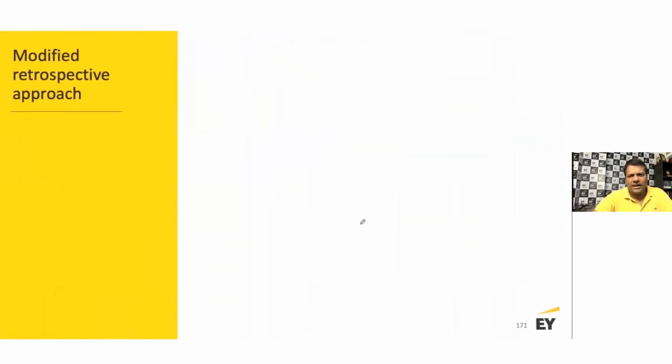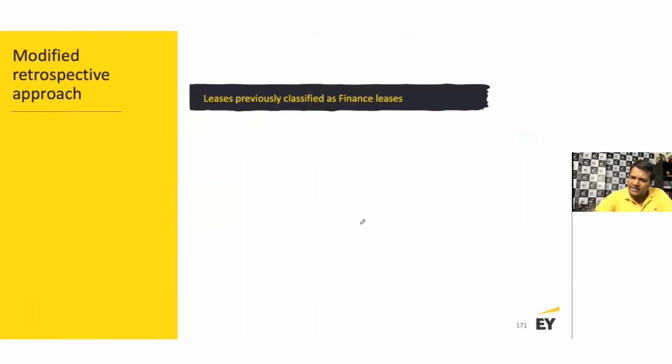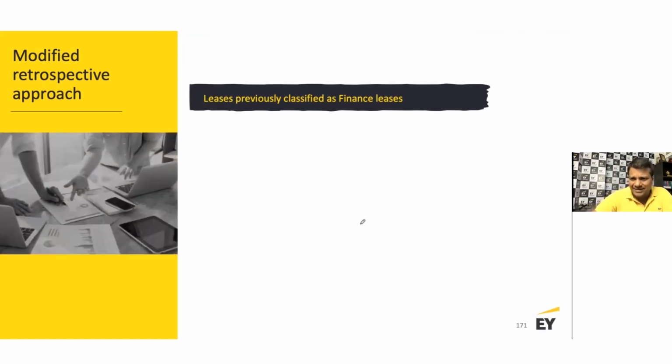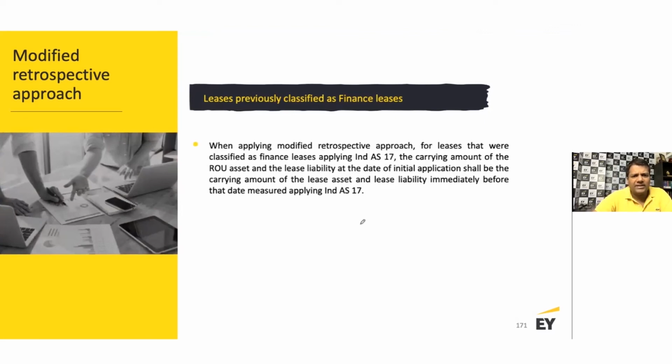When you look at the modified retrospective approach for leases which were there as finance lease in your balance sheet, essentially whatever was there as finance lease and the lease liability, you just move them or reclassify them as ROU asset and the liability. There is no accounting change, there is no impact on that. So they were classified as finance lease under Ind AS 17.